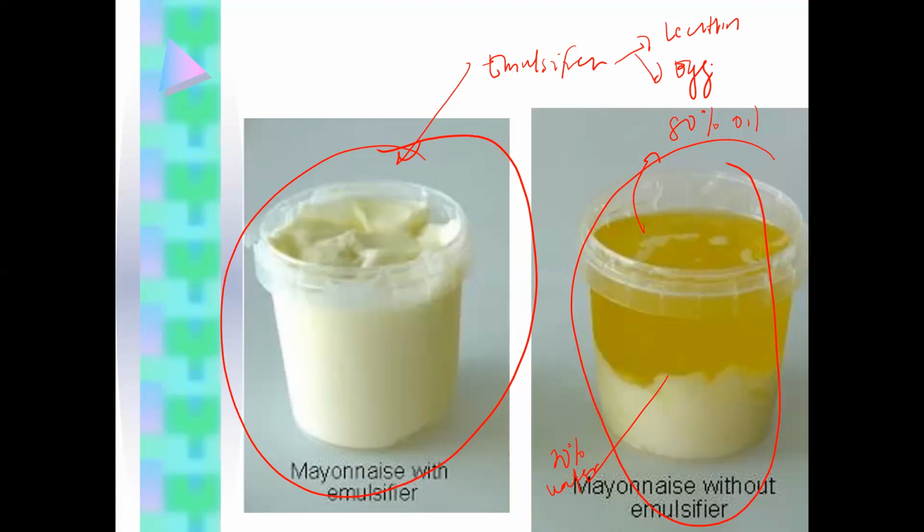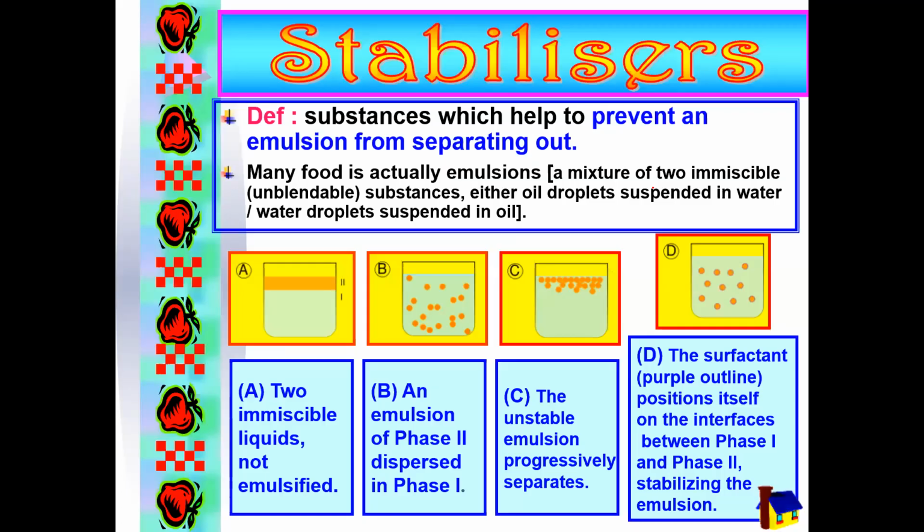And if you really look at the mayonnaise and you want to keep on eating oil and being very unhealthy, please go ahead. But now that you know the real picture, teacher hopes that you will eat properly. So this is what happens. There are actually two different sections, oil and water.